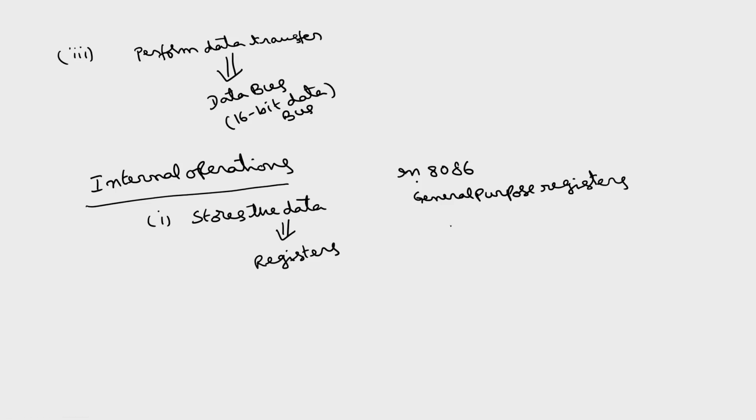They are basically AH, AL, BH, BL, CH, CL, DH, DL. This is the register array.